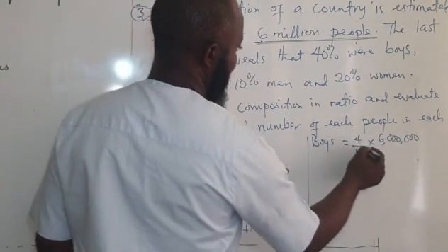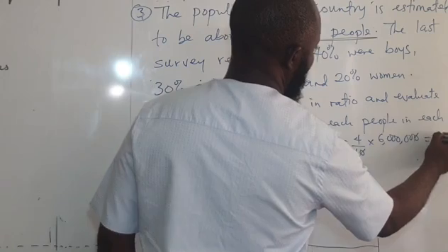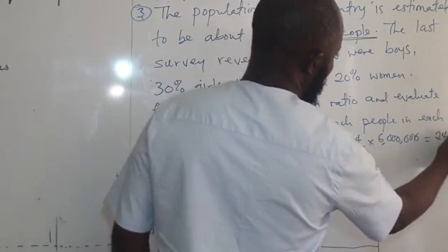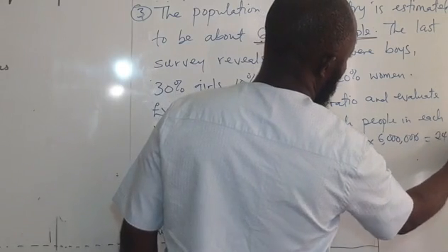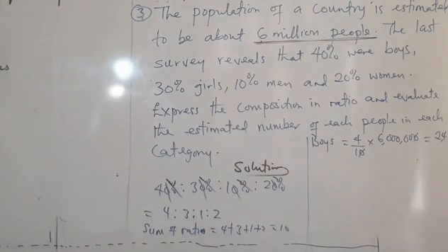So we cancel this. 4 times 6 is 24. How many zeros do we have left here? 5 zeros. 1, 2, 3, 4, 5. So we group, that is 2.4 million boys.